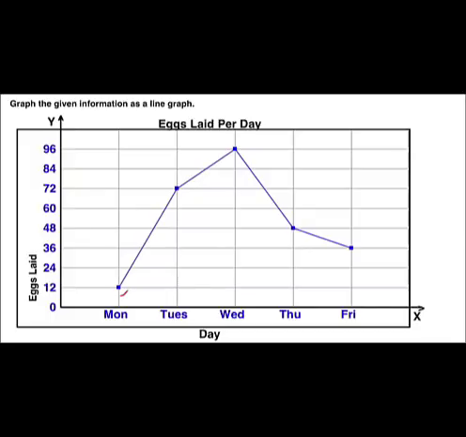Now think, what is the difference between the amount of eggs laid on Monday and the amount of eggs laid on Friday? What is the difference between the two of them? Well, on Monday, 12 were laid. On Friday, 36 were laid. I'm asking for the difference.